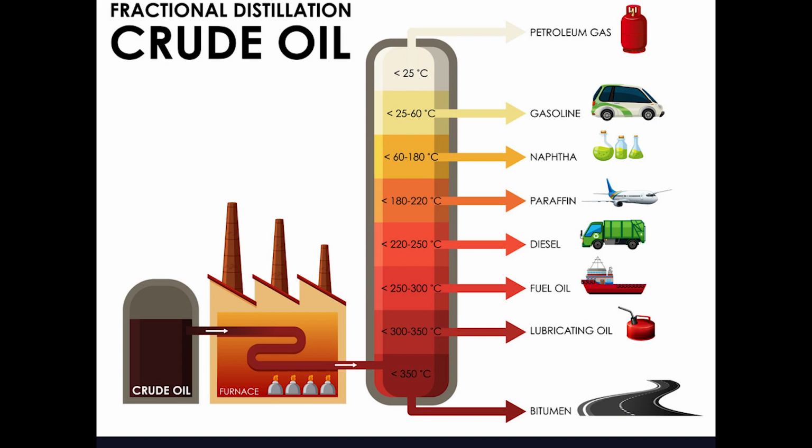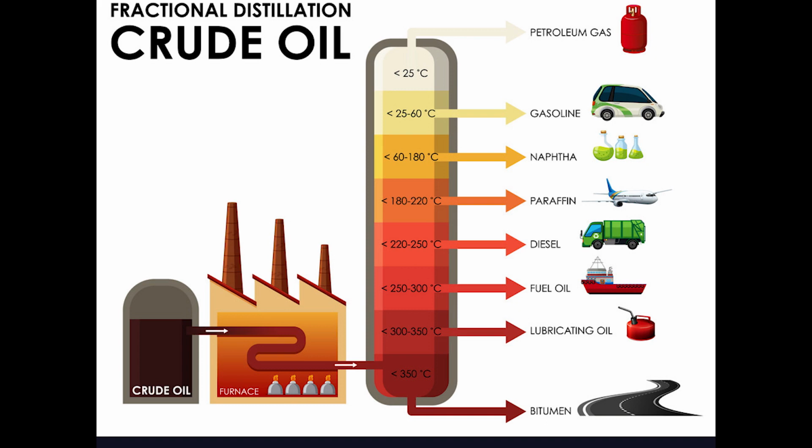small vehicles. At a temperature of 60 to 180 degrees centigrade, naphtha is separated out, and mostly naphtha is used to produce various kinds of chemicals. At a temperature of 180 to 220 degrees Celsius, paraffin separates out, and this fraction helps us run large aeroplanes.